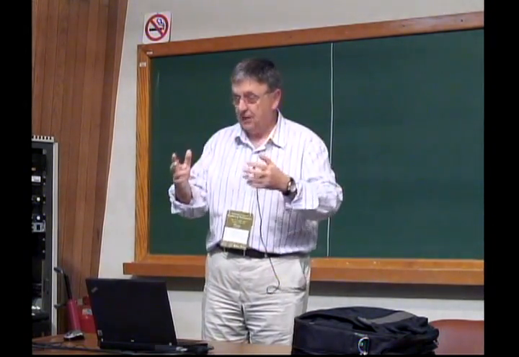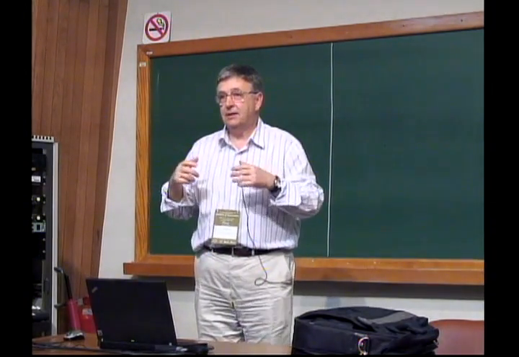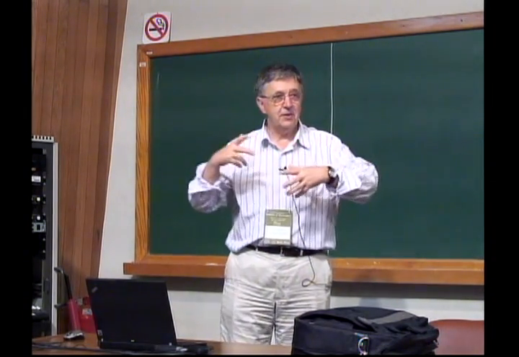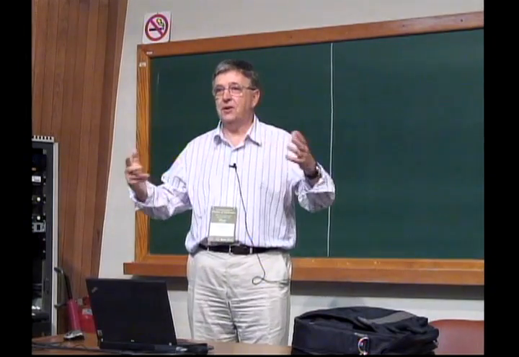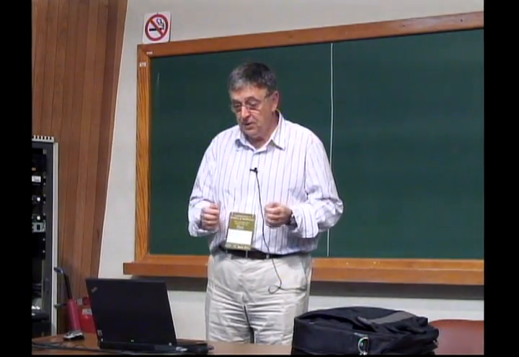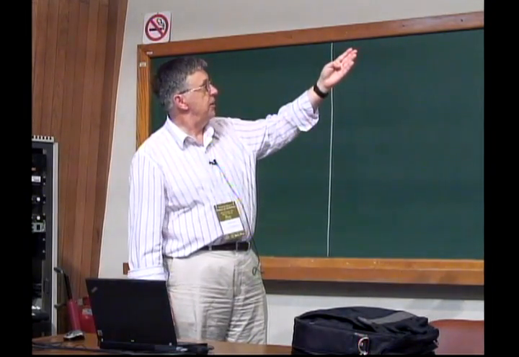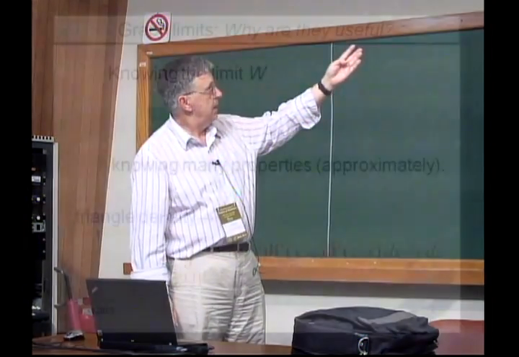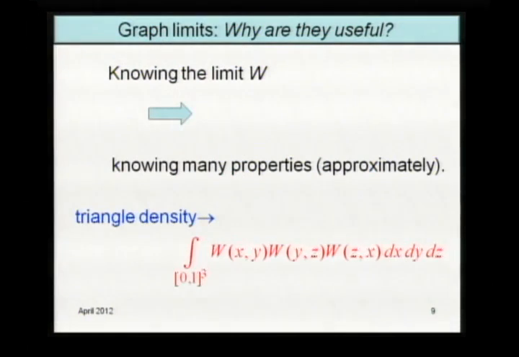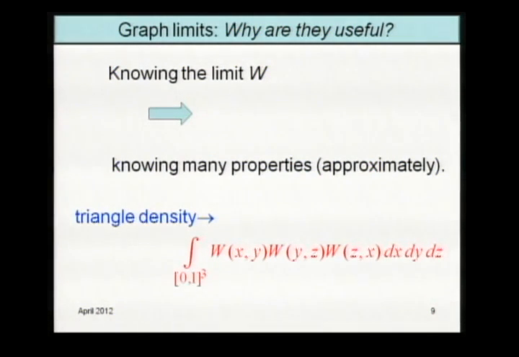So you can ask this about this graph, and you can struggle long with recursions and so on to try to figure out what this density is. But if you know the limit, then there's a natural formula for that. You will see that we assign a variable to each node of the triangle, so there will be 3 variables. And then for every edge of the triangle, we integrate this limit. It's a 2-variable function.